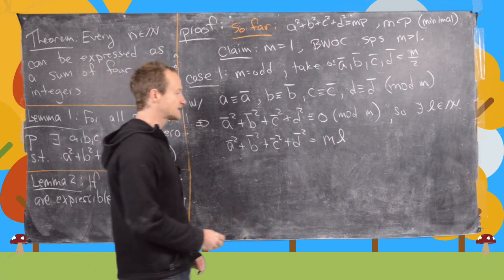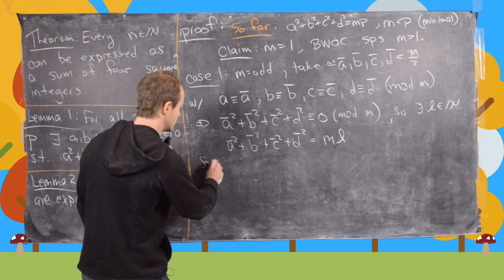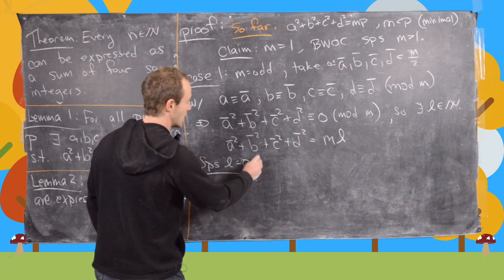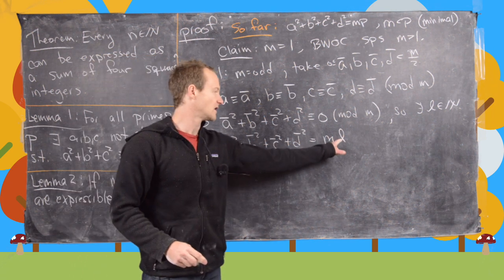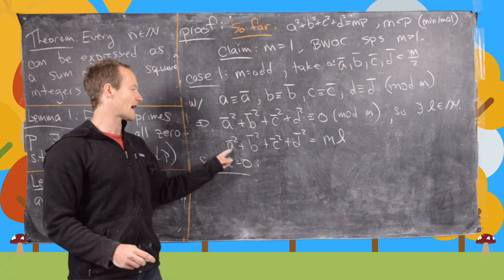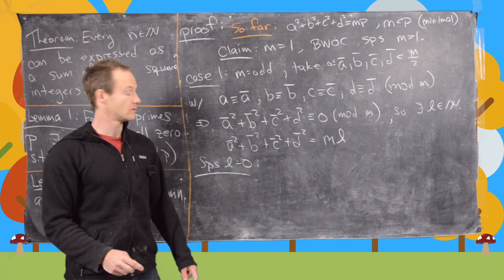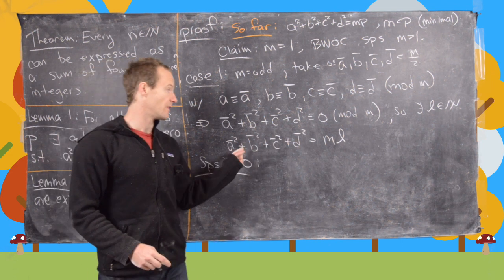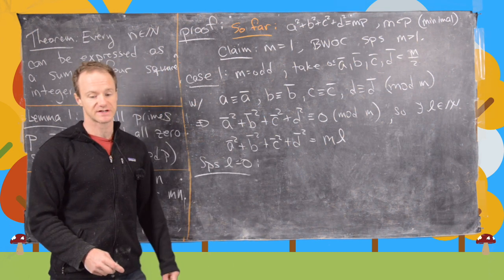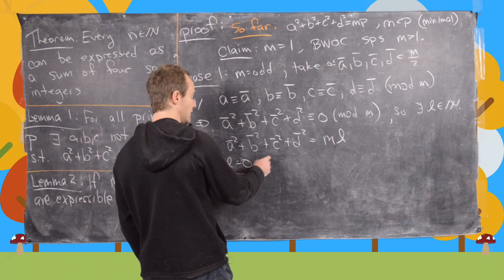So now the next thing that we'll do is suppose L equals 0. If L equals 0, then that means we have a sum of square integers that's adding up to 0. But the only way to sum square integers and get 0 is for all of them to be 0.